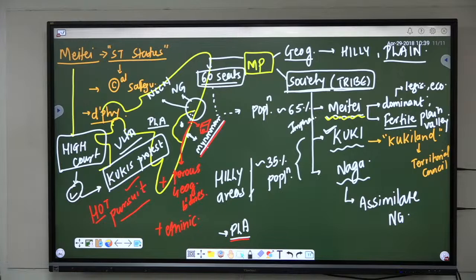They reside in fertile plain area of Imphal Valley.